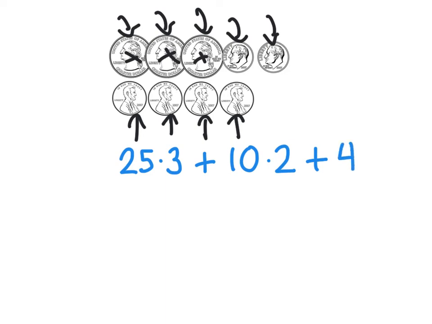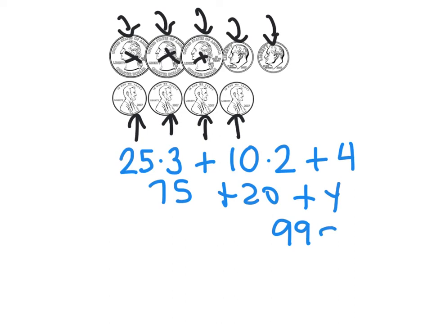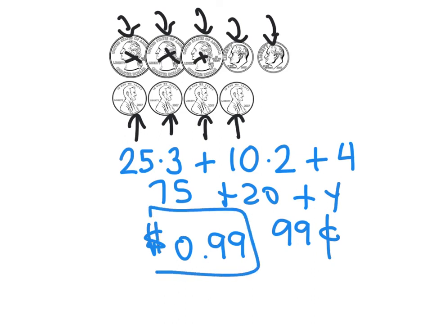So this would be an expression to represent the monetary value of the coins shown, and of course I didn't include the decimals for the cents, but this would come out to be 75 plus 20 plus 4, so that's 99 cents, or 0.99 if you're using the dollar sign. So either one of those.